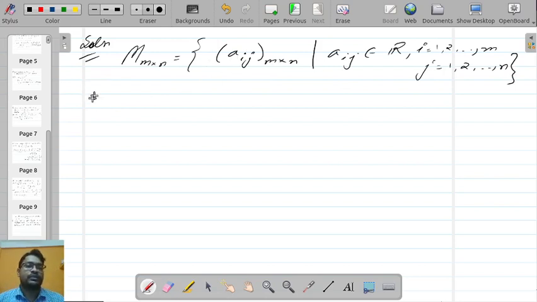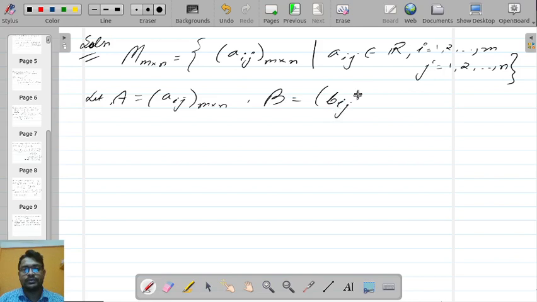So let A equal to aij m by n, B equal to, say, bij m by n, belong to m by n, be any elements.